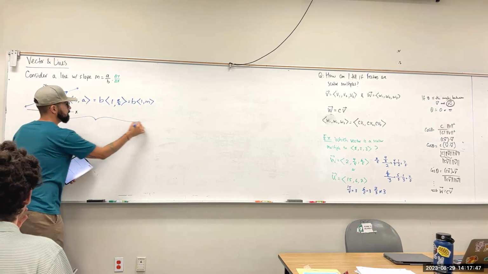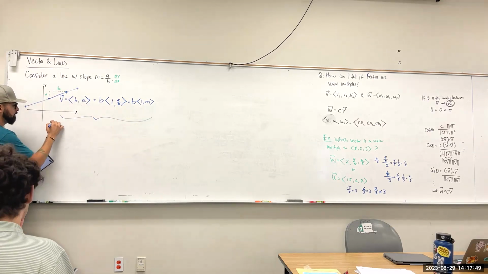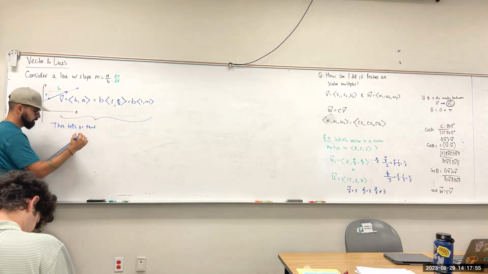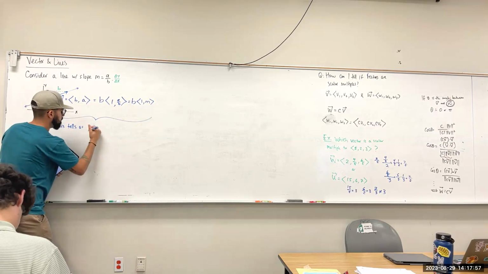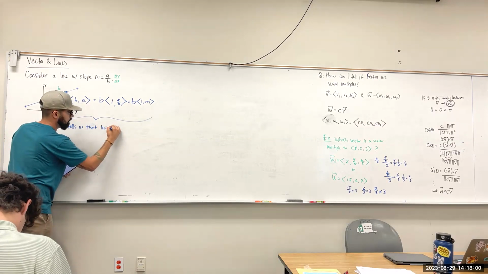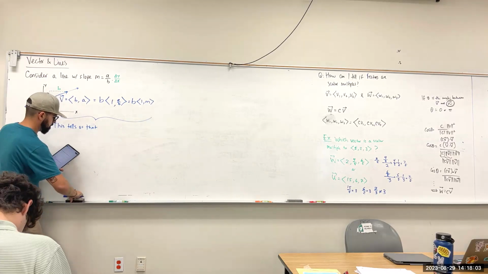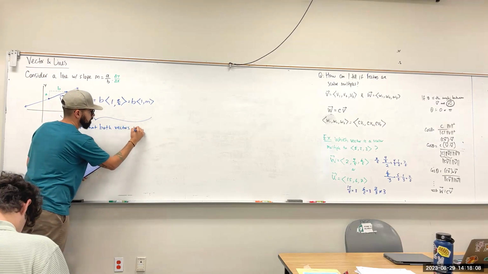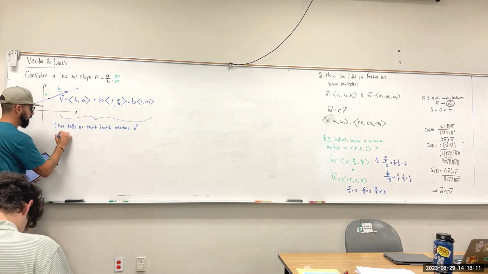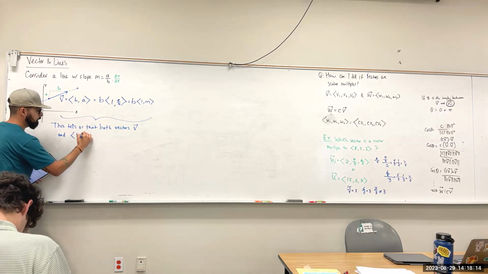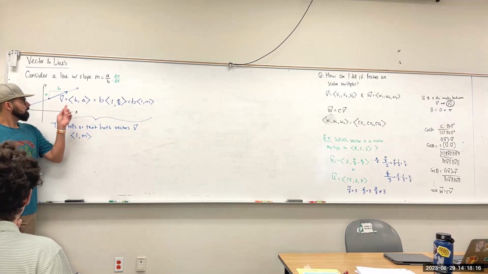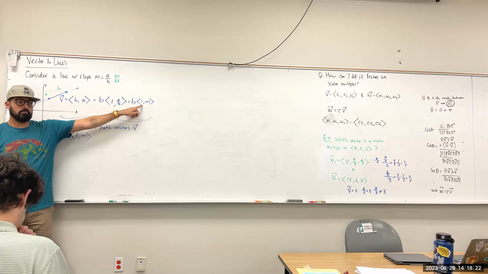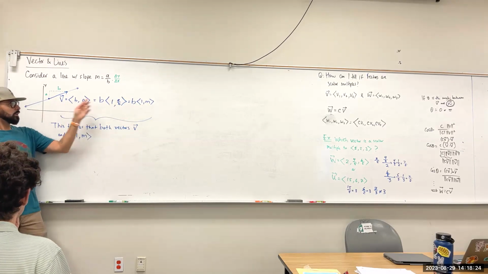And so what I want you to notice is that this tells us that vector v is just a scalar multiple of the vector (1, m). You see that?